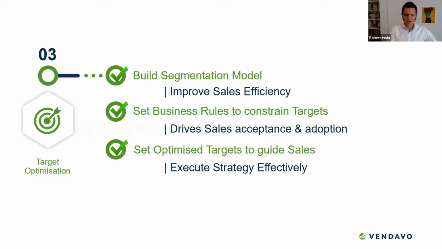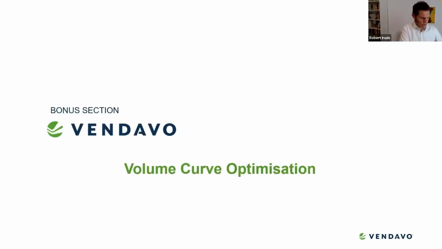Okay, so that was Vendavo Deal Price Optimizer. And then just to conclude, I want to spend a couple of minutes talking about volume curve optimization. This is part of the solution that has been developed for customers that in particular have this price volume trade-off in their negotiations.